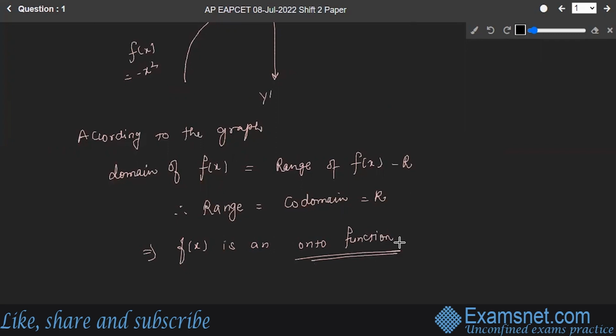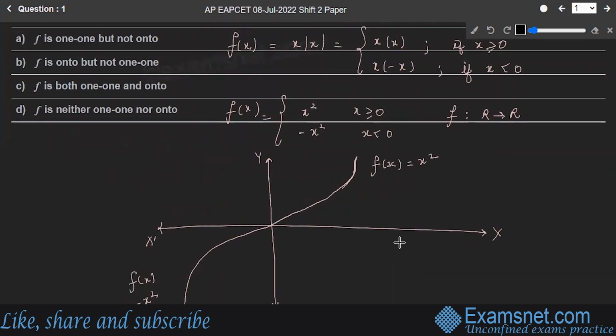First thing. Now, if a line is drawn parallel to the x-axis, if I'm drawing a line, this, which is parallel to the x-axis, it will intersect at only one point of f(x), for sure.